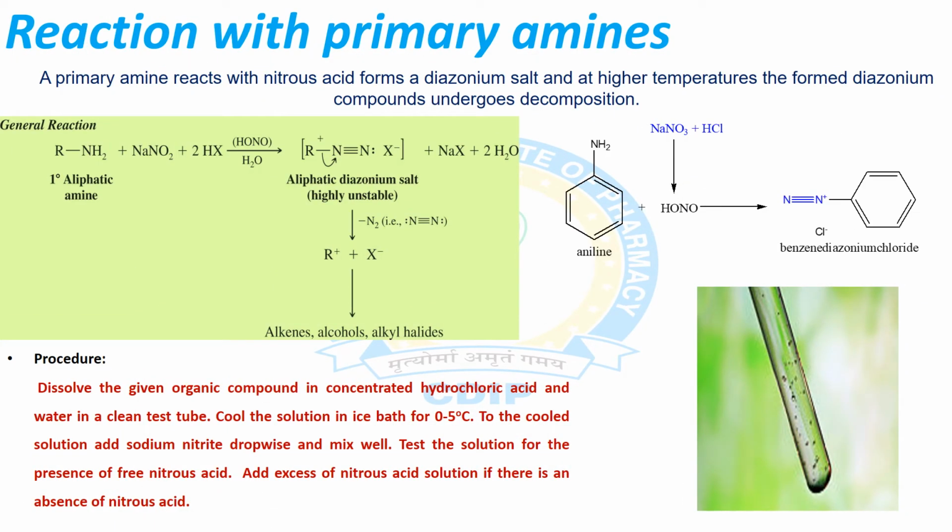First of all, a primary amine, when it reacts with nitrous acid, forms a diazonium salt, and at higher temperature the formed diazonium compound undergoes decomposition. So the reaction results in the evolution of nitrogen gas, which bubbles out of the test tube as shown in the slide.